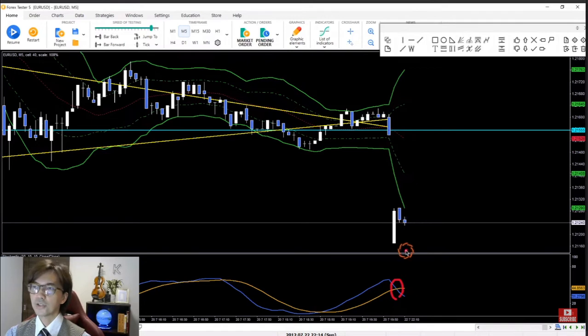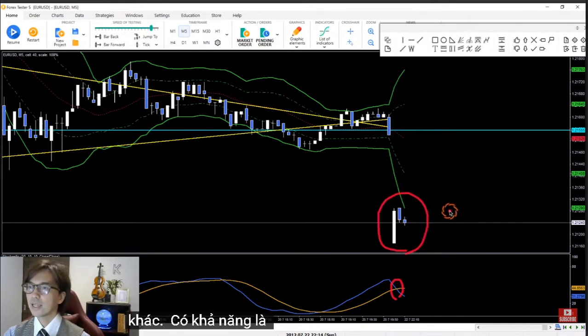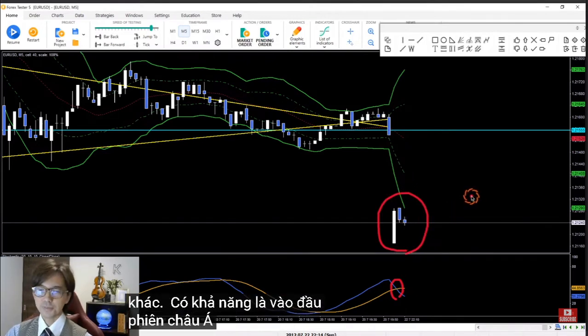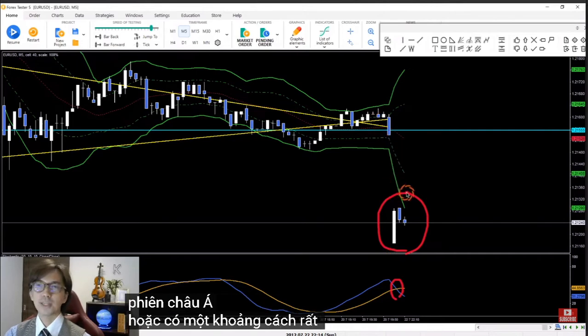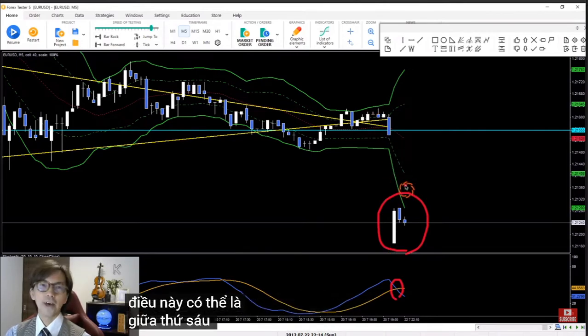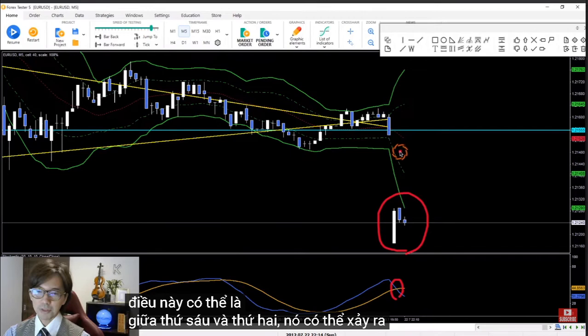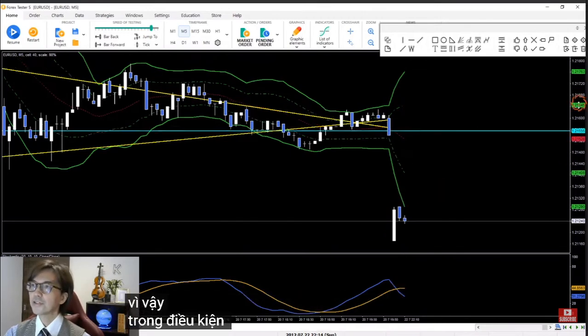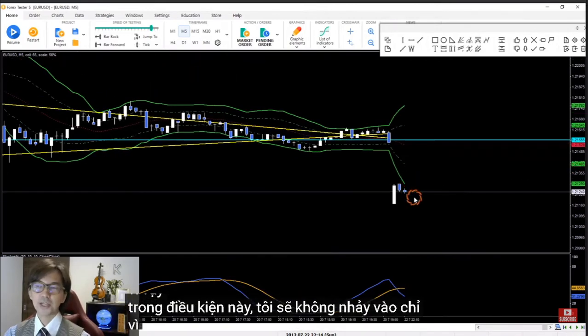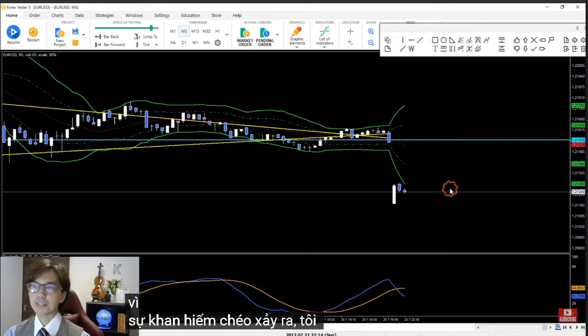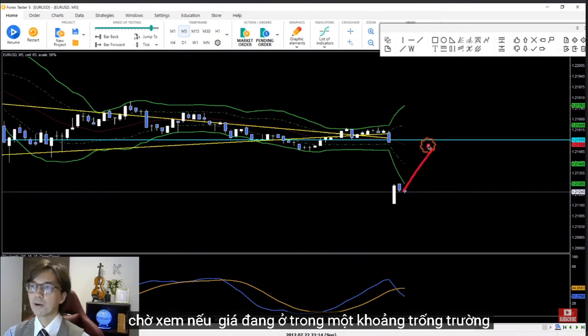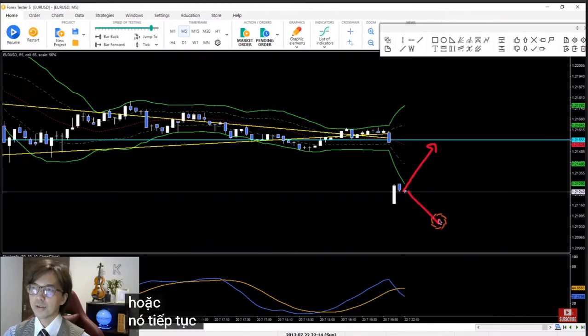And in this condition, this is most likely in the beginning of the Asian session, where there's a huge gap in between. Maybe this could be between Friday and Monday. It can happen. So in this condition, I won't jump in just because the stochastic dead cross happens. I will wait and see if the price is gonna fill the gap, or it keeps going down this way.